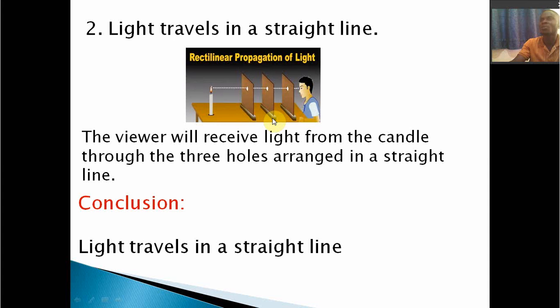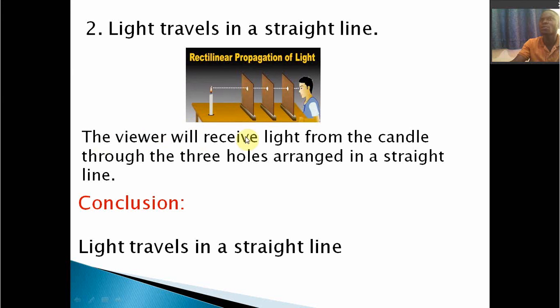Now, if you do the contrary and you try to move one of the cardboards, taking it away from the straight line, you will not be able to observe the light. The reason is light travels in a straight line. Are we together?